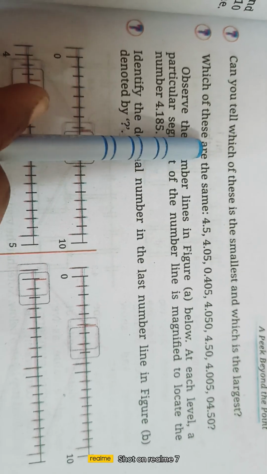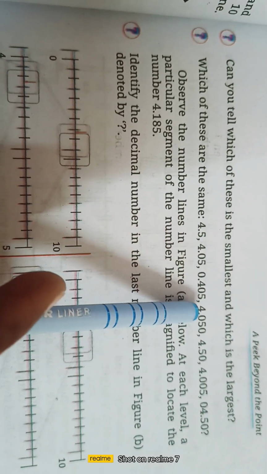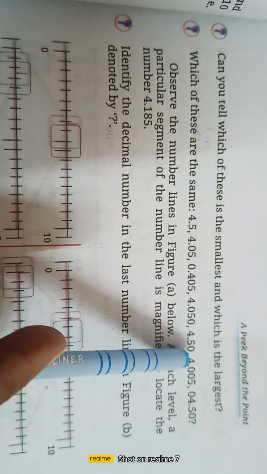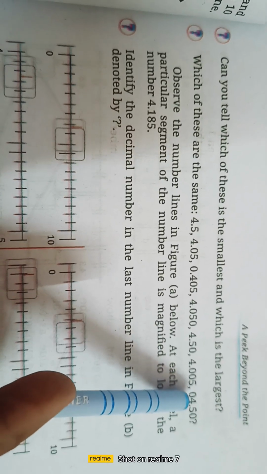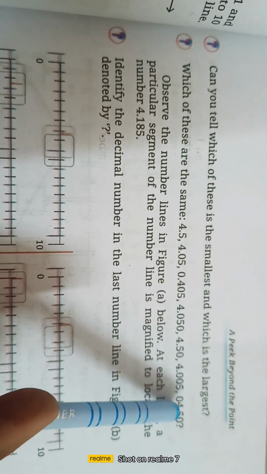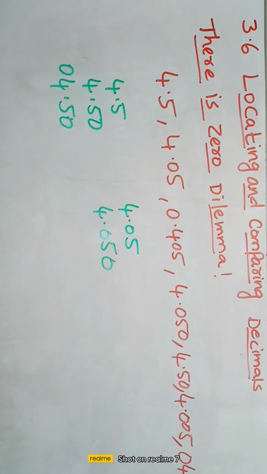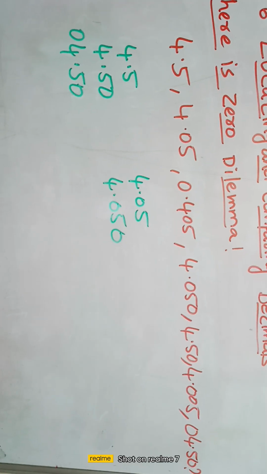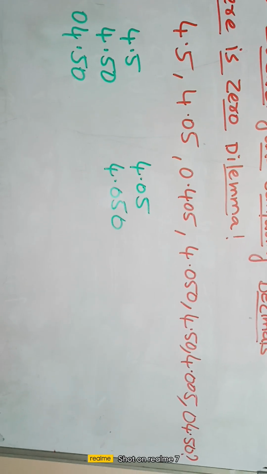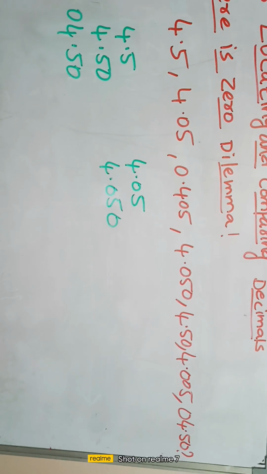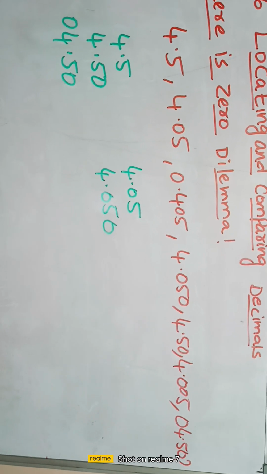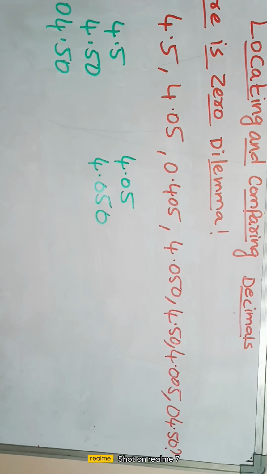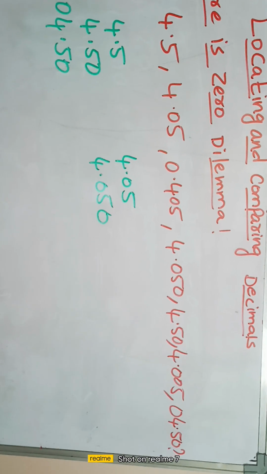Which of these are the same? 4.5, 4.05, 4.50 and 4.050: are 4.50, 4.005, 4.50 the same or not? We have to find out. Here 4.5 and 4.05 are not the same. Zeros after the last digit are not counted. After the decimal 5 is there, and the 0 after the 5 is not counted.